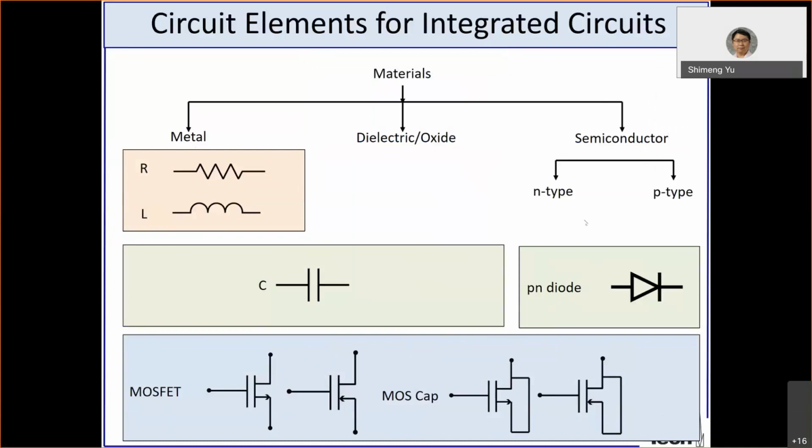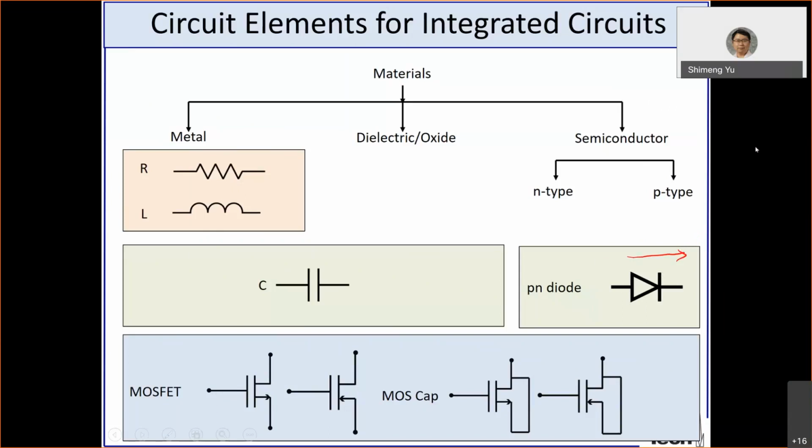So if we have a P-type semiconductor and N-type semiconductor together as a junction, then we will have this PN diode. In the circuit, the symbol is a triangle and then a bar. Essentially, this circuit symbol tells you that the current flow is unidirectional. So you only have the current flowing from the left to the right.